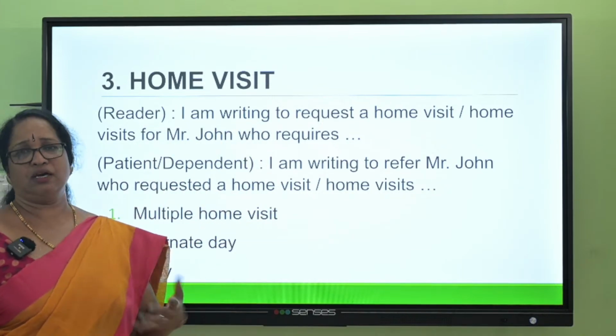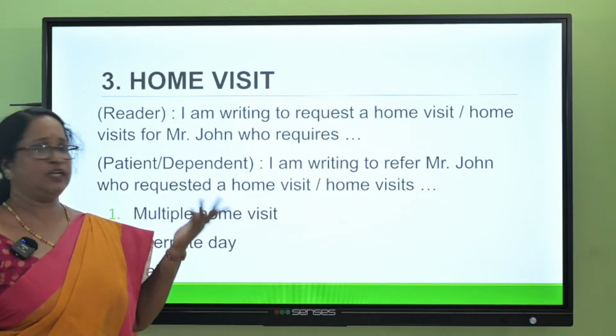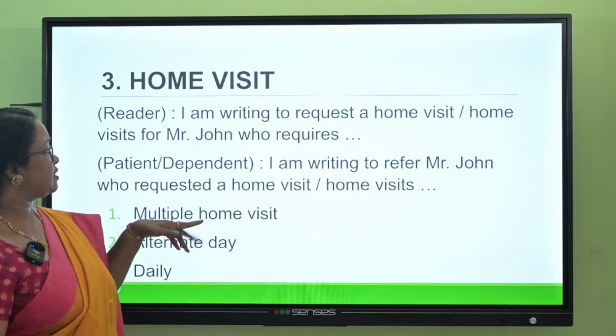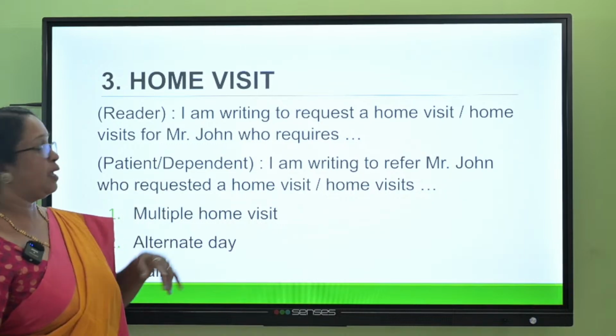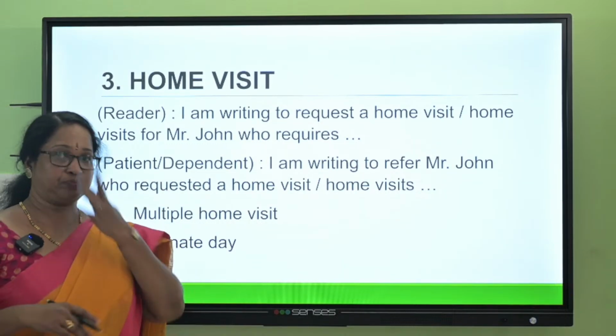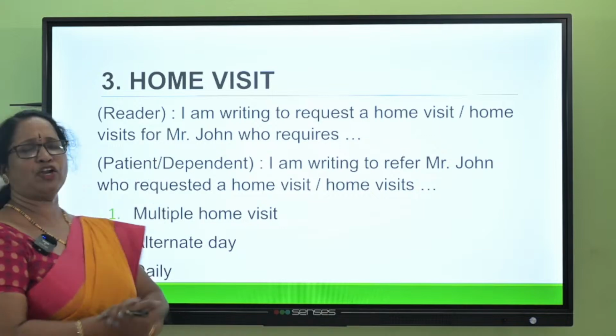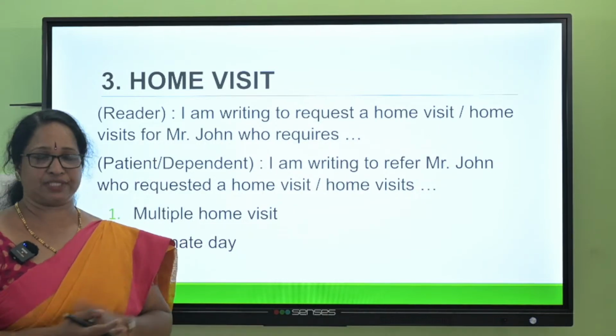The following word is a noun, and that's why there is no need to mention it like that. If you are writing "I am writing to refer Mr. John," maybe the request comes from the patient's dependent.